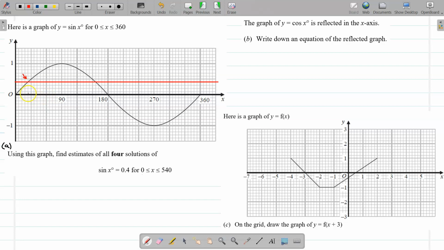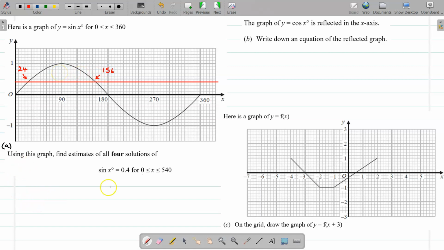So each little one's worth 6. So that's 24. And we couldn't get it any more accurate than that from this graph. And this one here would be 24 less than 180, which is 156. So those are both to the nearest degree from our graph.